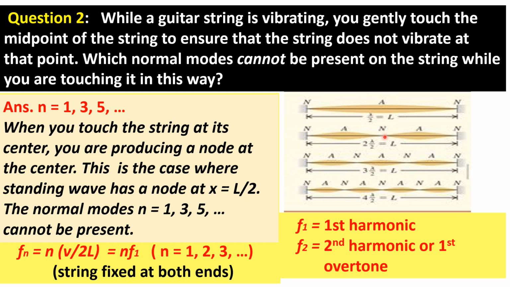Touching the string at the very center while vibrating creates exactly a node at the very center. And that's true for pattern number 2, pattern number 4. So that means those normal modes cannot possibly happen in this particular action specified in question number 2.